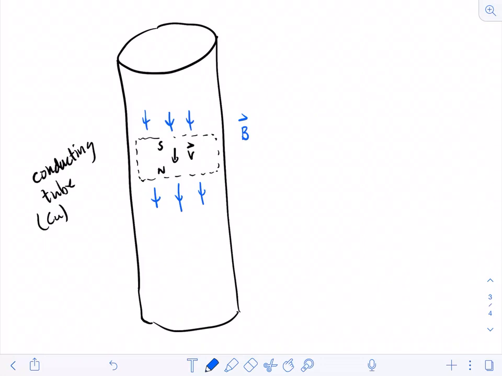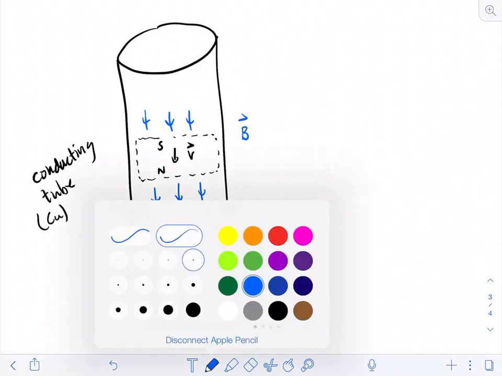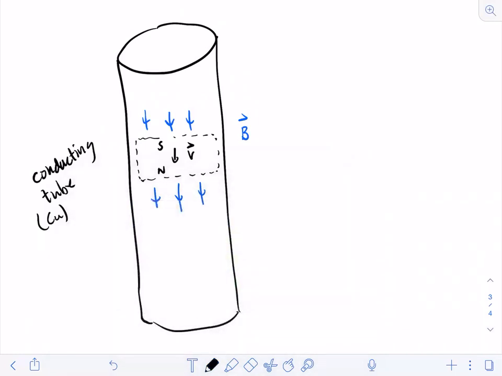So what I want to think about is a section of our copper tube that looks like this. It's a little conducting ring, and we have one that is below our magnet, and so we're going to have a magnetic flux increasing through our conducting ring.